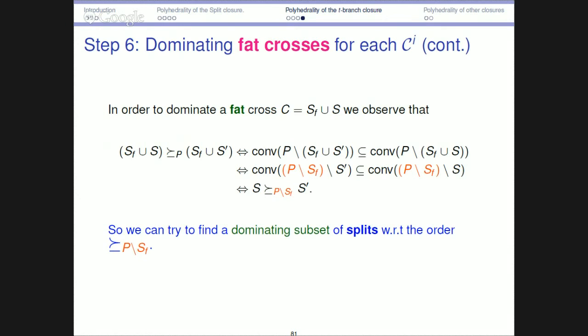Okay? So if any split here can be dominated by a finite set of S-prime splits, then we'll be done. So how do we do this? What you can notice is that what is P minus one split? If you remember the pictures, if you remove from P one split, you obtain a union of sets. So this order is given by a union.